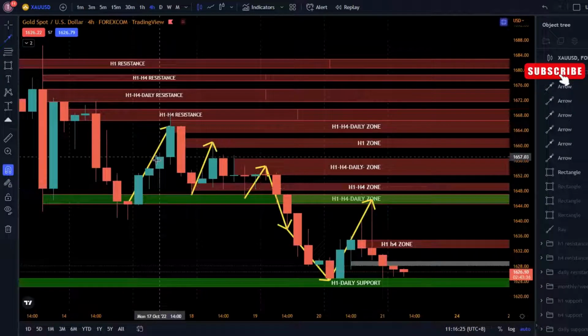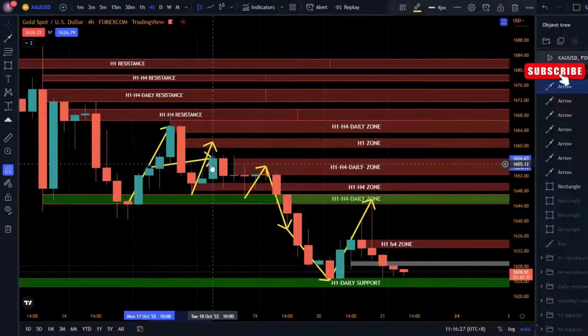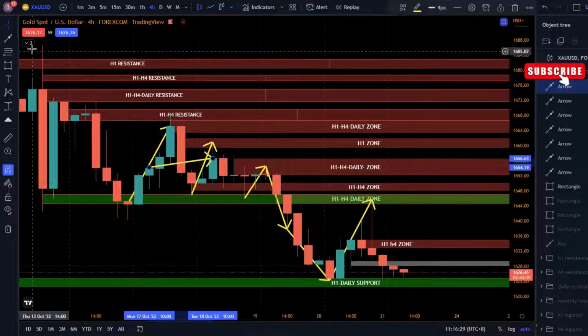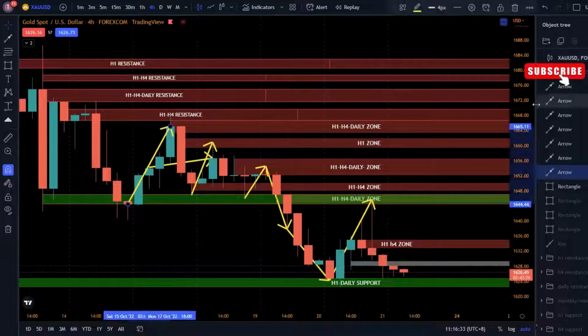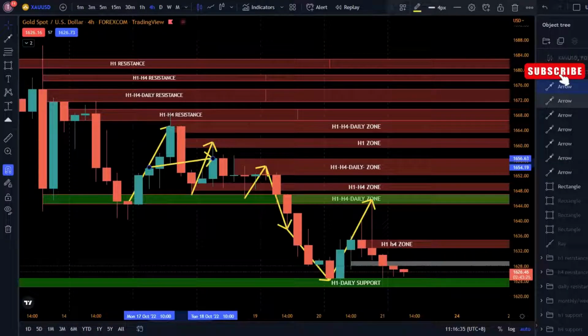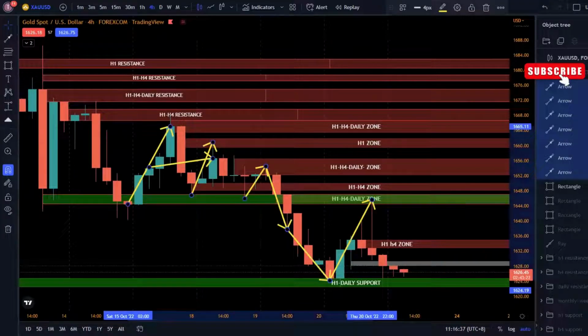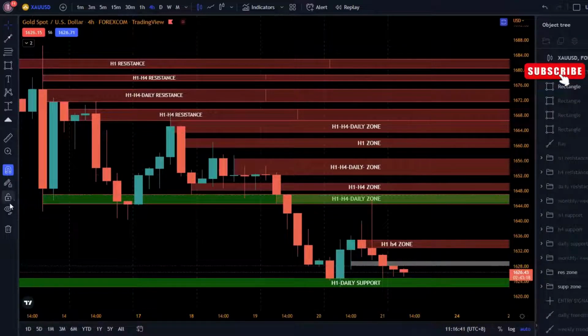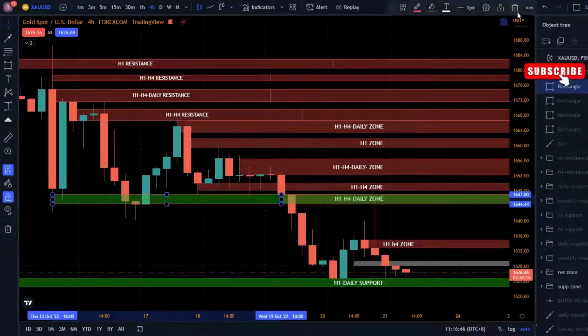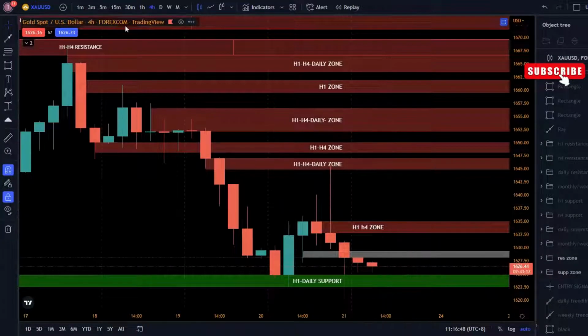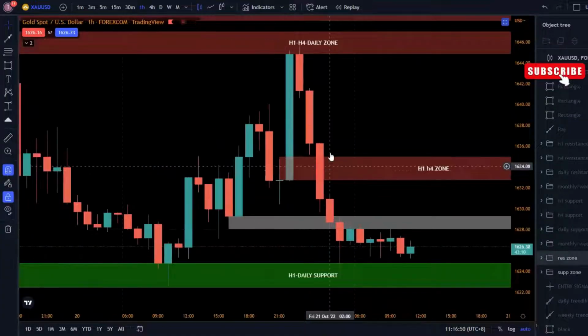Okay, so let's remove this. Just remove this arrow. Okay, so again, this is our zone. So it's now clear. Okay, let's delete. Okay, so for 1 hour, that's what happened.